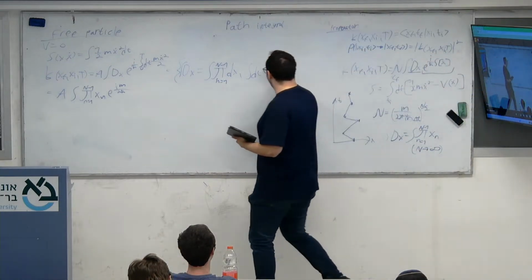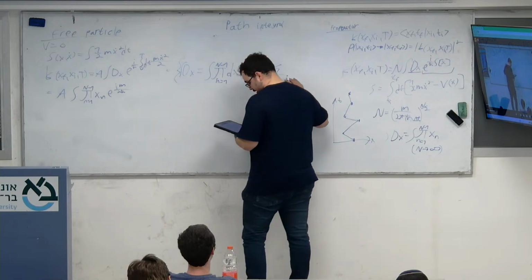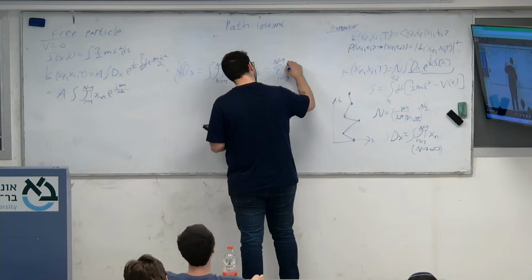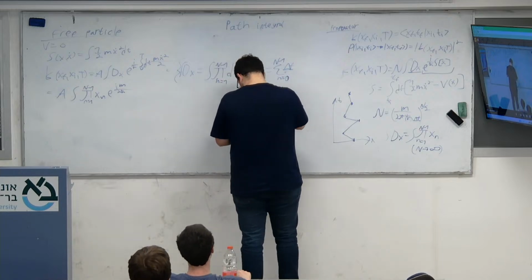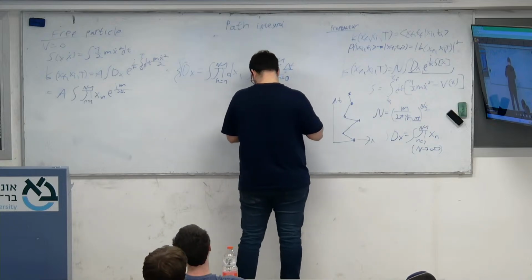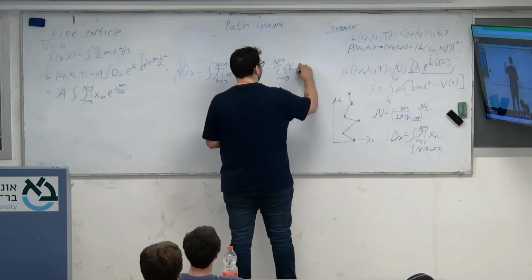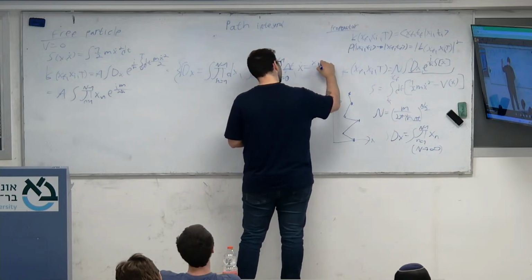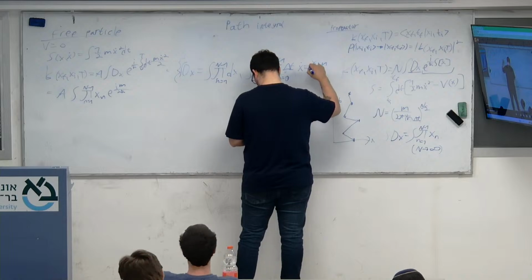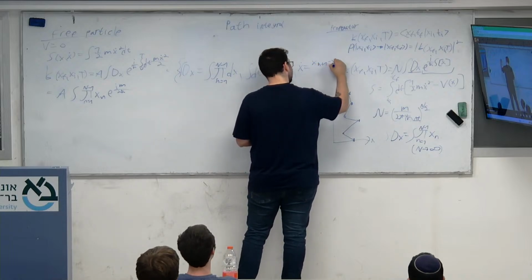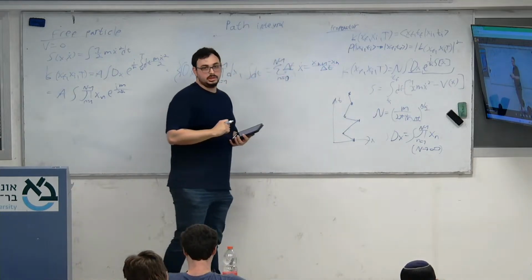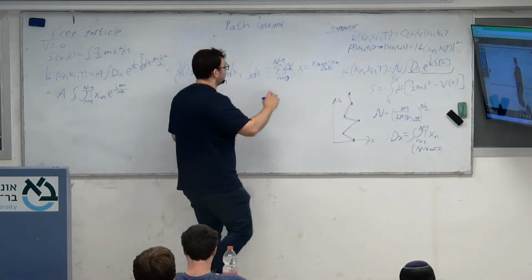So instead of dt, we have a sum over n equals 0 to N minus 1 of delta t. And finally, x dot equals x of n plus 1 minus x of n, divided by delta t. Okay, this is just the derivative.